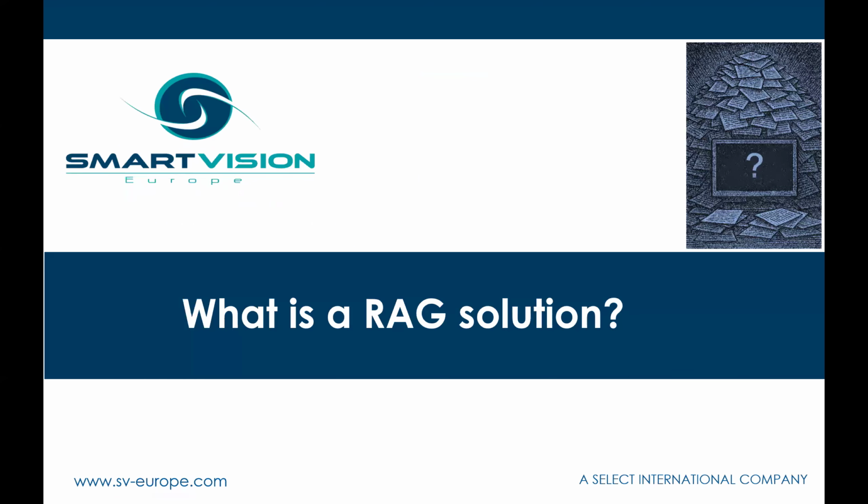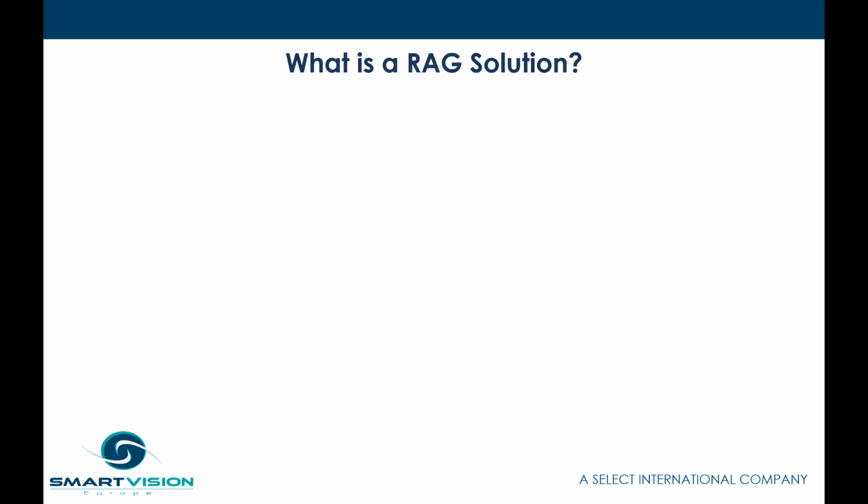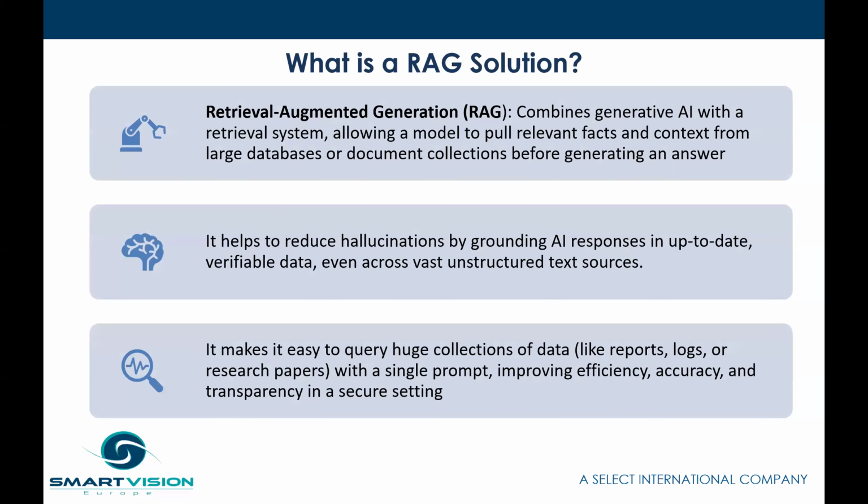So the first thing we want to do is talk about what is a RAG solution. What do we actually mean by it? Well, retrieval augmented generation, or generative AI, combines generative AI with a retrieval system, allowing a model to pull relevant facts and context from large databases or document collections before generating an answer.